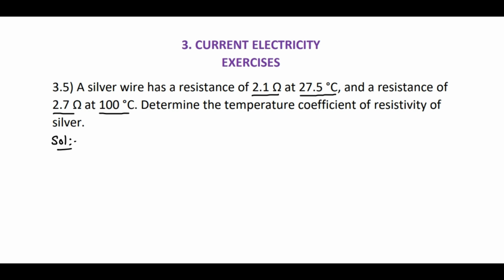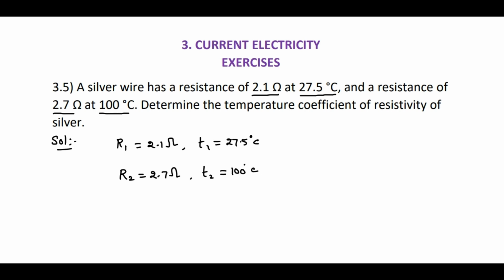The given values: resistance R1 is equal to 2.1 ohm at temperature T1 is 27.5 degrees Celsius, and the resistance R2 is equal to 2.7 ohm at T2 is 100 degrees Celsius.